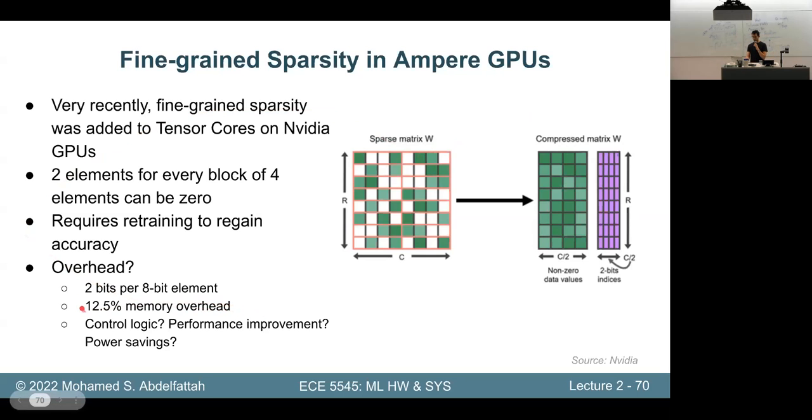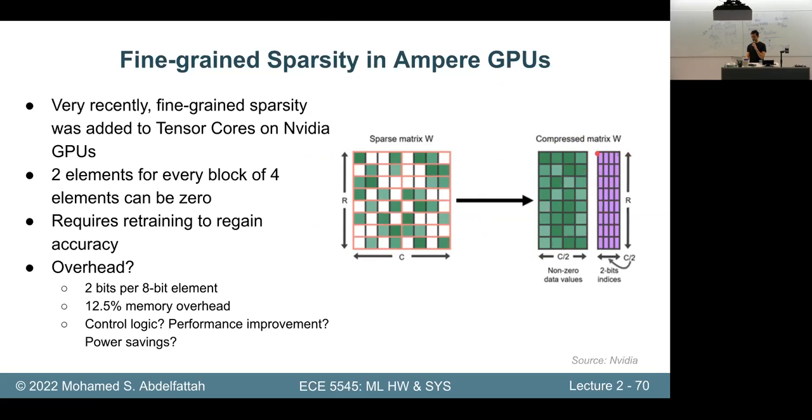And so what's the overhead of this, right? It sounds a bit weird. But instead of storing that whole matrix as a dense matrix, you will have lots of zeros. So now you can store it in half the size. In fact, you will have exactly half the entries here as zeros.